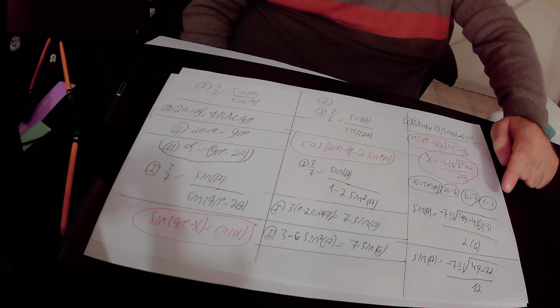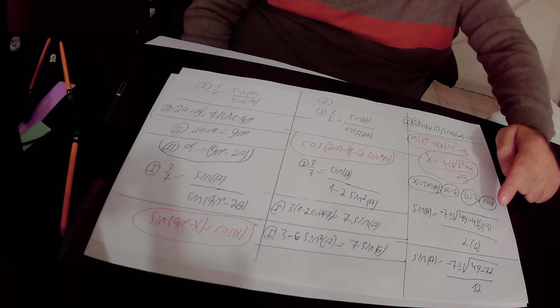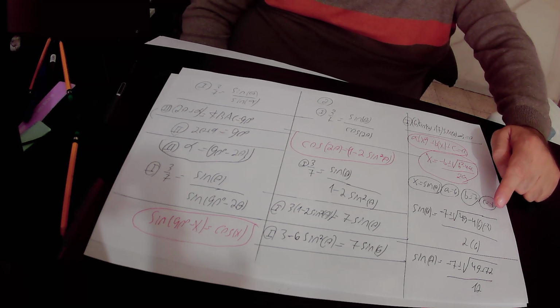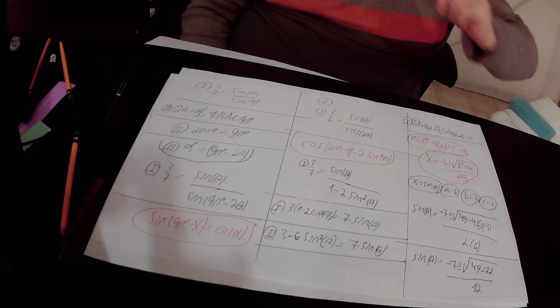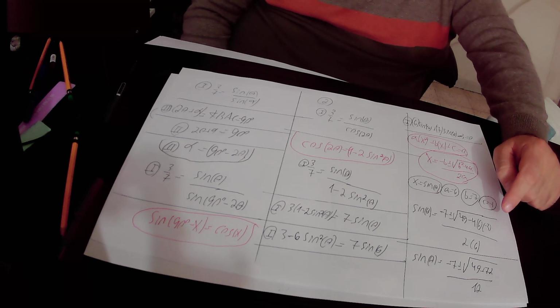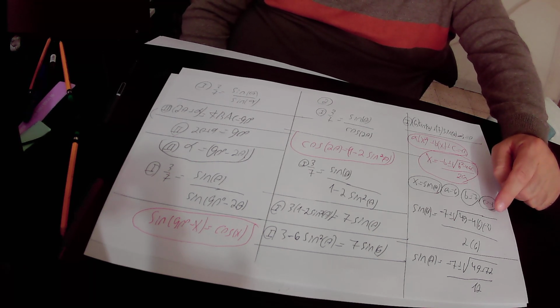So minus 4 times ac is minus 4 times 6 times minus 3. Minus 4 times 6 is minus 24, and minus 24 times minus 3 is 72. So inside the root we will have 49 plus 72.